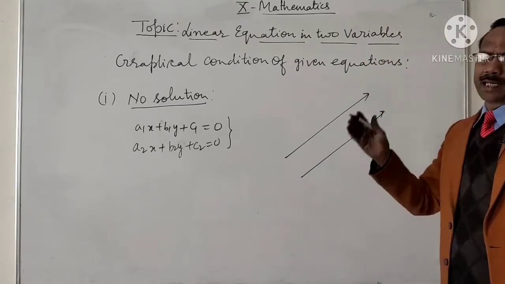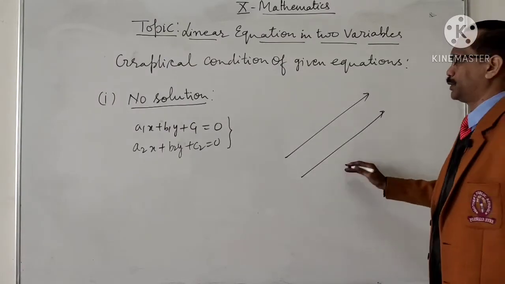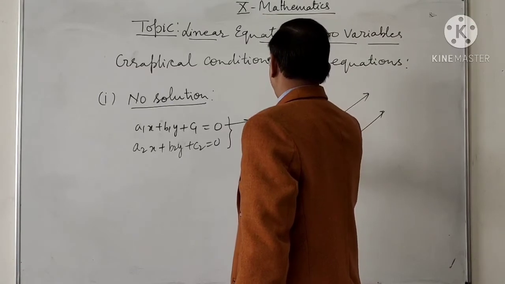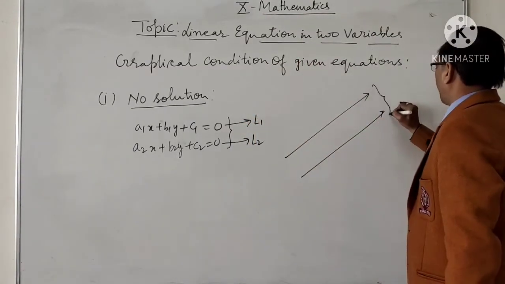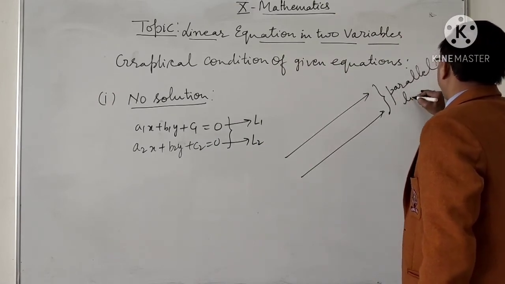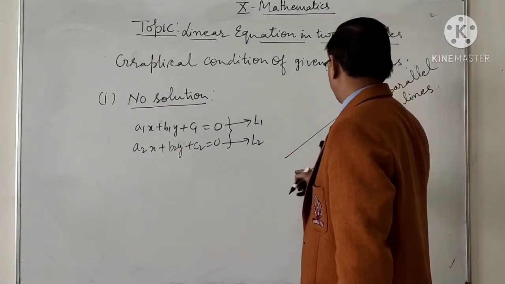Parallel lines will not intersect and they do not have any solution. This is line 1 or equation 1, and it is L2. These are the parallel lines, not having any solution.